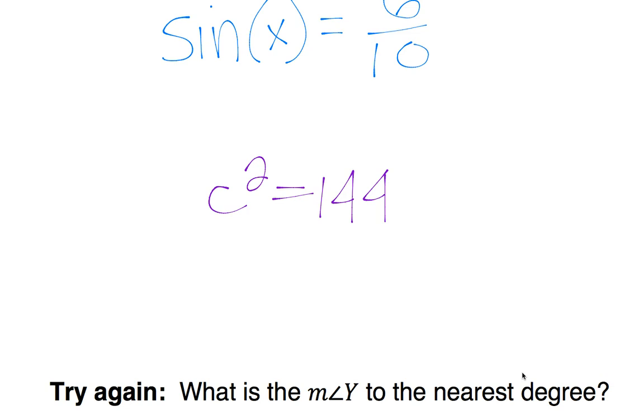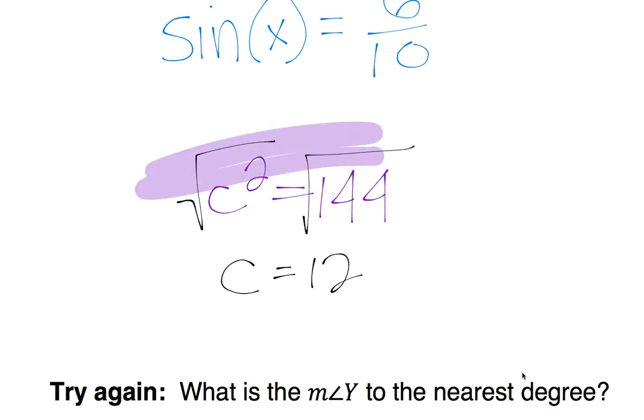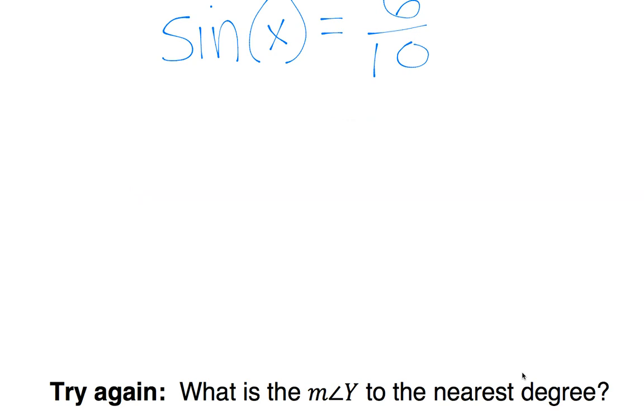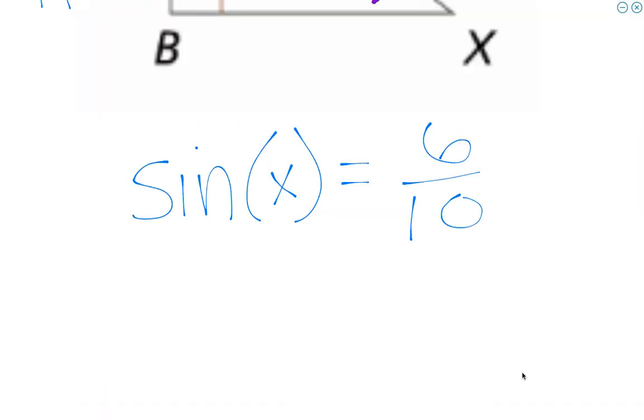Well, if it's being squared, the inverse operation would be to square root it. So c equals 12. So every time we solve these, we're doing the inverse operations. So to get x by itself, we need an inverse operation of sine.